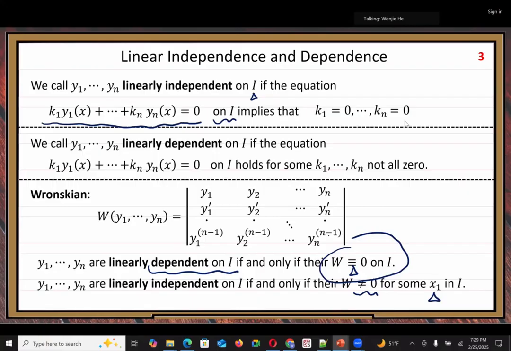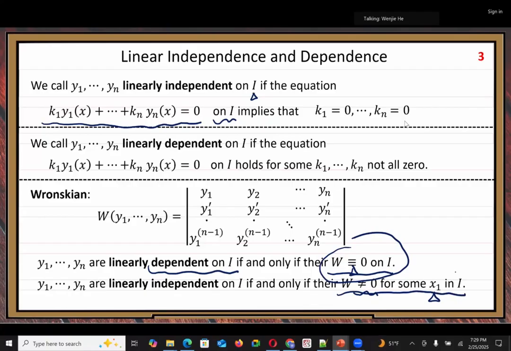The independent case is the opposite case, meaning the linearly dependent condition is not true. You negate that statement. When you negate identical to 0, you only need to find one point where it is not true. That's enough to negate the whole statement. So that's why you only need one point on I.